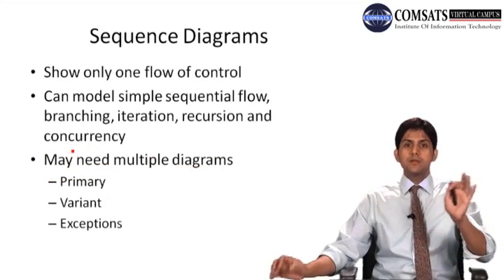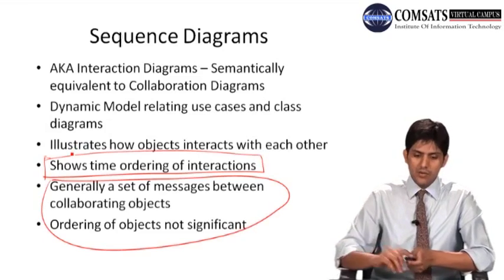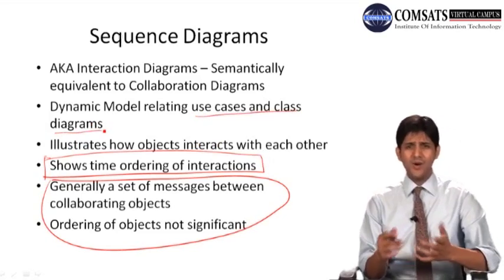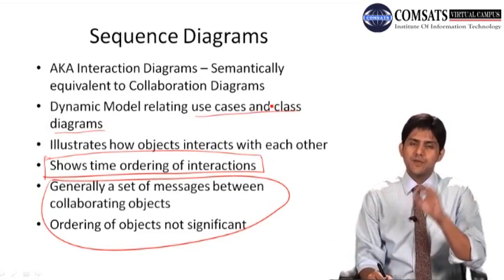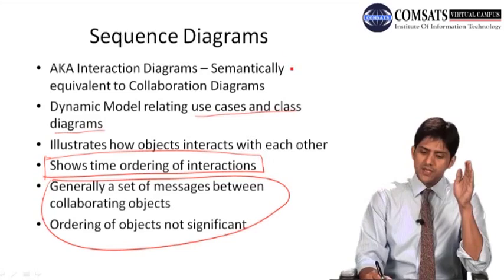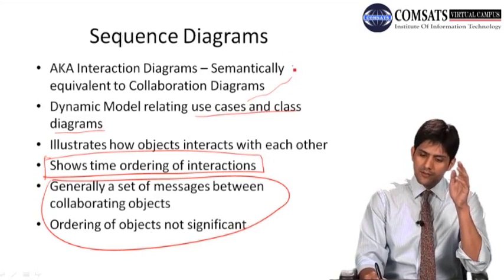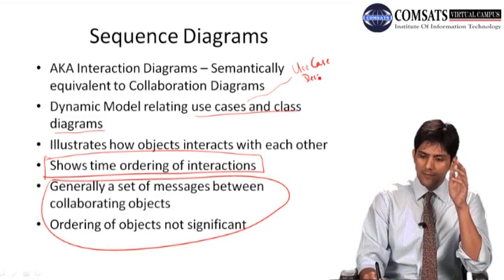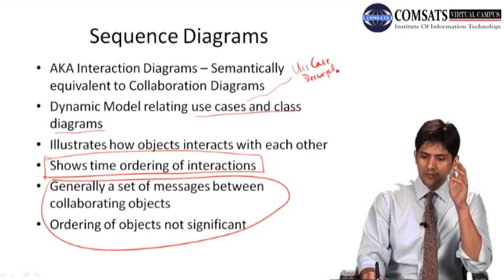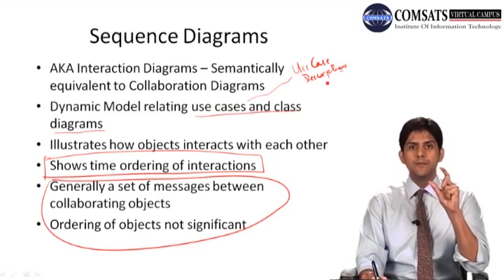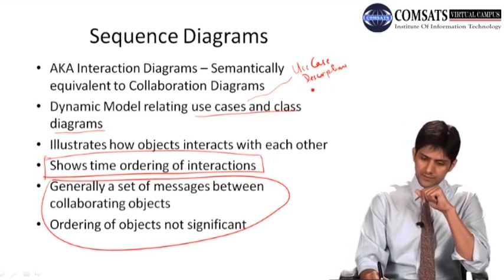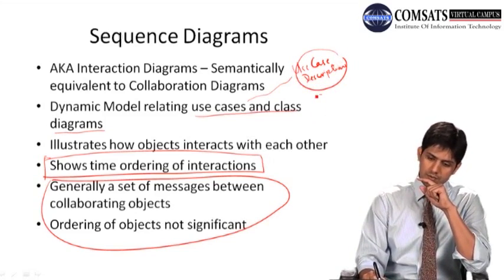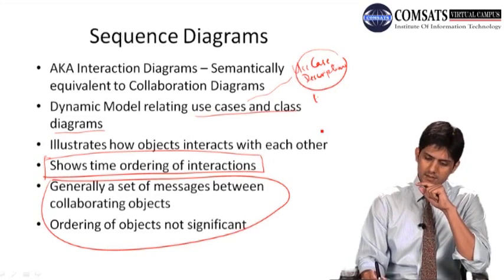Now, going back to where I said this is a model which relates the use cases and the class diagrams, how does it actually do that? We saw in the previous lecture that the use case descriptions are used to identify classes.